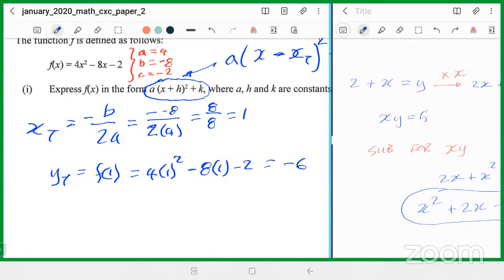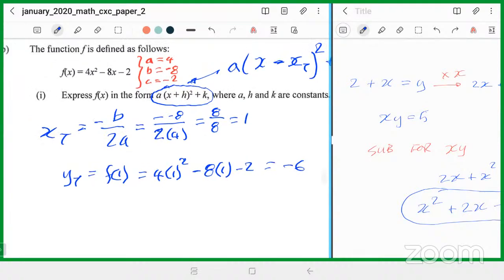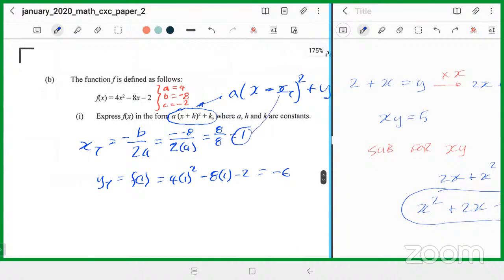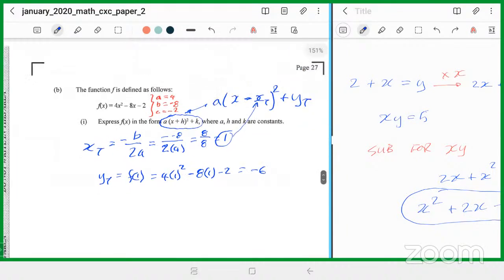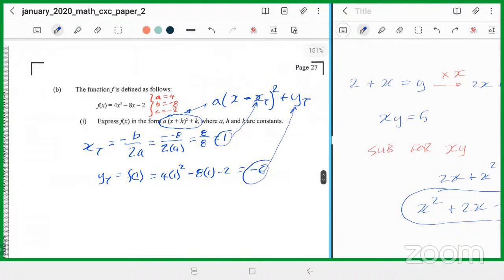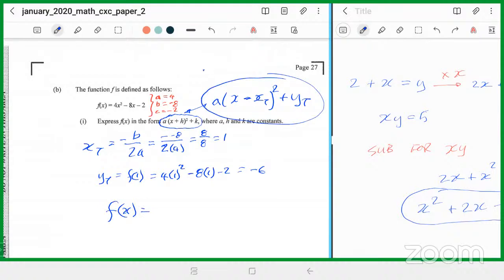So I have my xt value and my yt value. I'm going to take this 1 and plug it in for the xt, and take this negative 6 and plug it in for the yt to write my vertex form. So f of x is, basically, the a is 4.